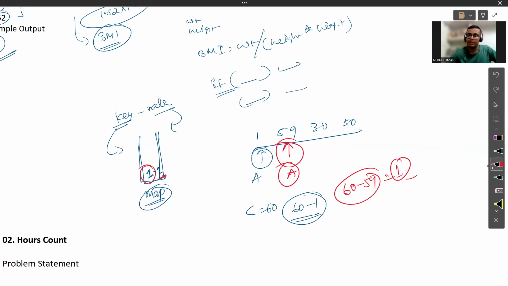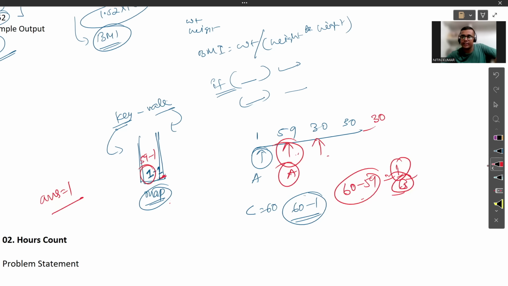B is already present, so we can make a pair, and the answer is currently 1. Before pointing to 30, let's add 59 to the map with count 1, so that for the next values we can know whether it is already present or not.